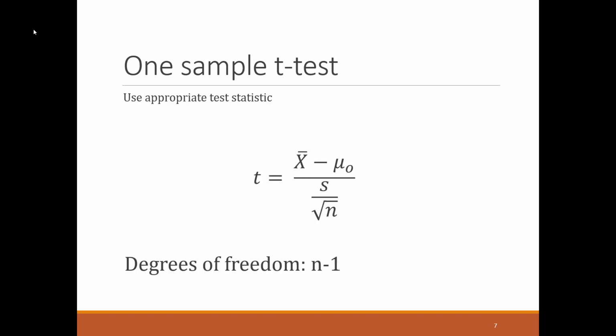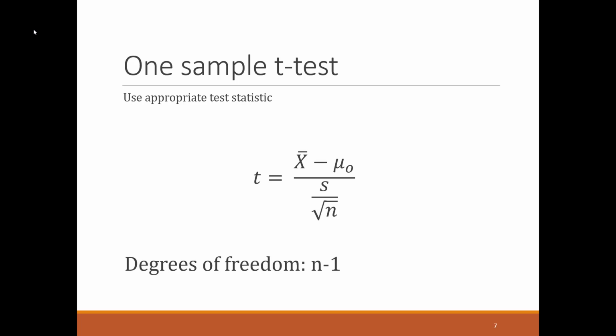So, one sample test, we need to use the appropriate test statistic. And in this case, it's T equals X bar minus mu naught all over S divided by the square root of n. And we know that the degrees of freedom is n minus 1.